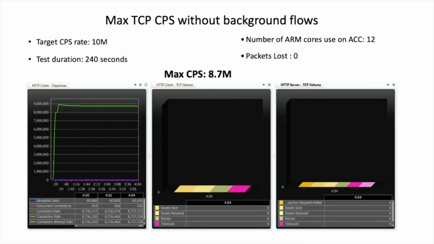What this basically means is we just check how many new connections the IPU can support as we are trying to add more TCP connections into the network. So we use Ixia to generate the traffic, and we use HTTP transactions to basically simulate those TCP connection establishment and teardown. So these are some graphs from Ixia, and we can see that we can achieve a max CPS of about 8.7 million without any packet losses.